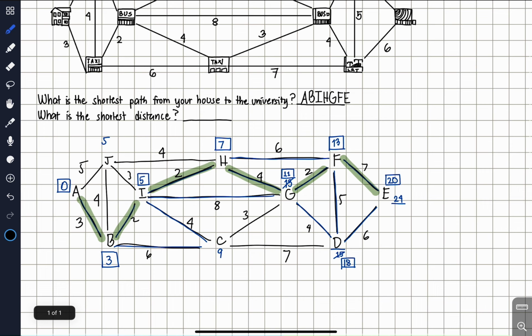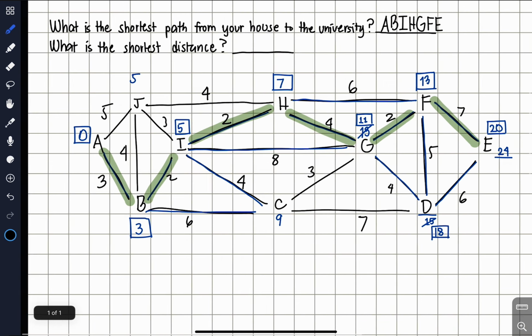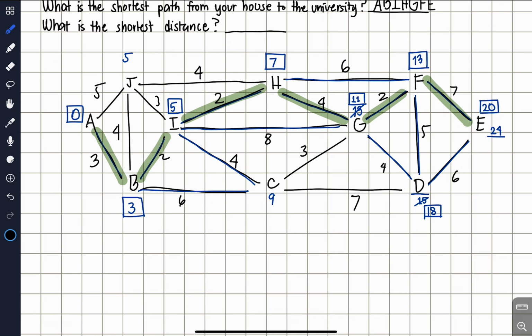For the next one, what is the shortest distance? This only means that we would need to compute the overall total distance from our house, point A, to the university, point E. So we can compute that 3 plus 2 plus 2 plus 4 plus 2 plus 7 is equal to: 3 plus 2 is 5. 5 plus 2 is 7. 7 plus 4 is 11.